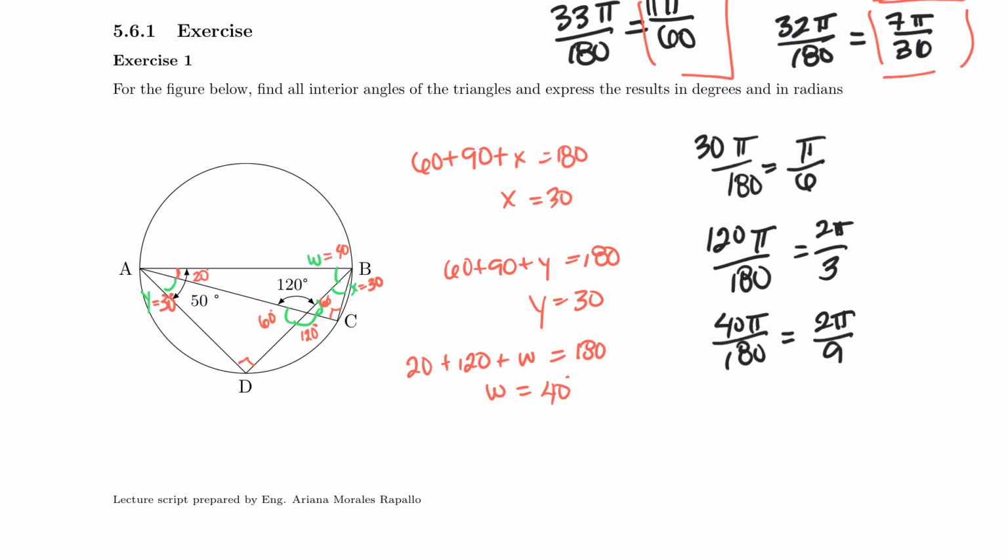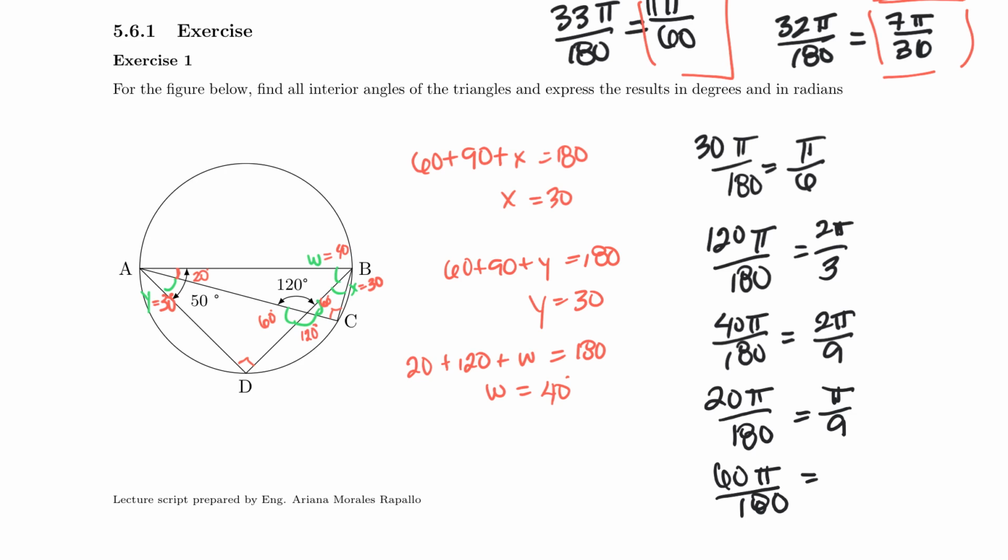And if I'm not mistaken, we have 20 times pi divided by 180, which is equal to pi divided by 9. And finally, we have 60 times pi divided by 180 degrees.